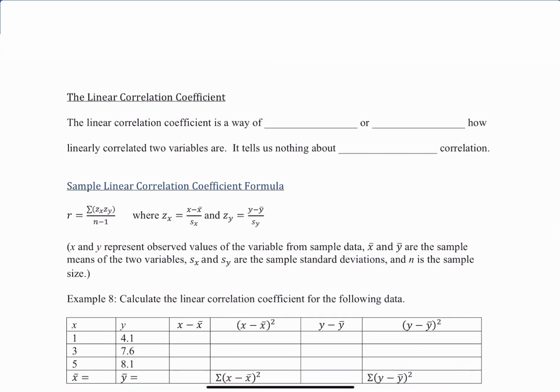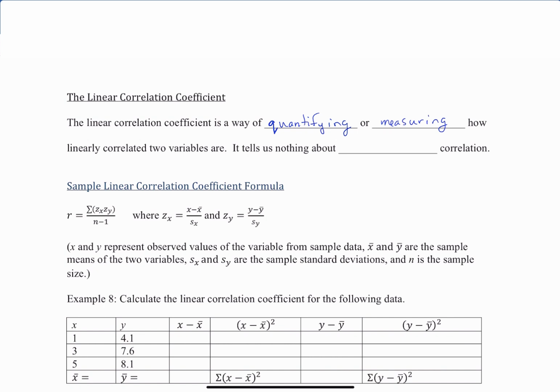There's something called a linear correlation coefficient that gives us a way of quantifying, or you could perhaps say measuring, how linearly correlated two variables are. In other words, is there a linear correlation?